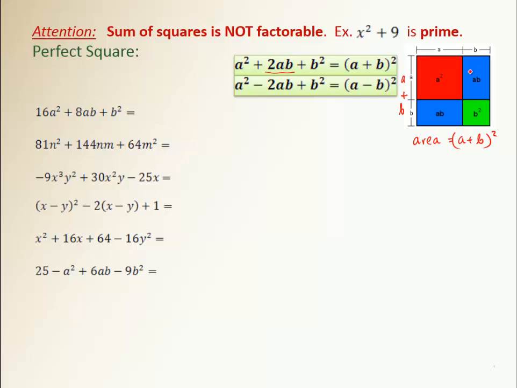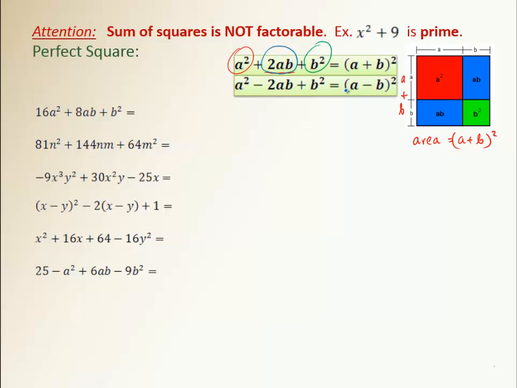How do you obtain this area? Well, you obtain it by taking the red area, which is a squared, taking the green area, which is b squared, but also you end up with 2 unattended areas. This is really a times b, and again a times b, so it's 2ab. So this is your middle term, 2ab.